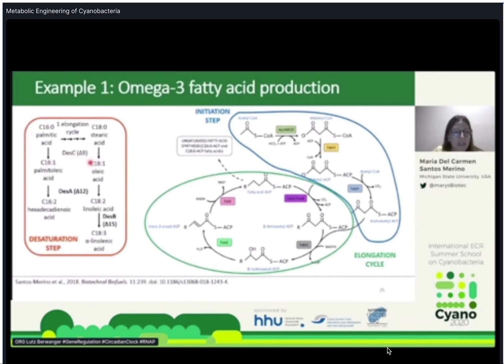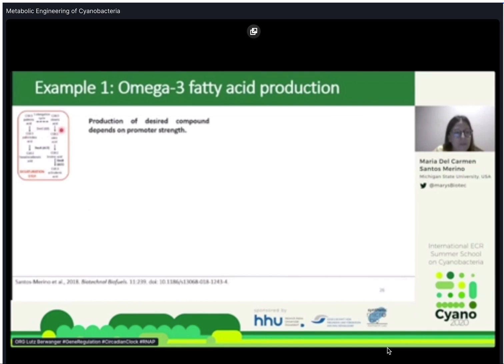But for example, 7942 doesn't contain any more. 7002 contains two extra ones, this A and this B. 7942 only contains the C. And in order to do that, they use this A and this B from 7002.